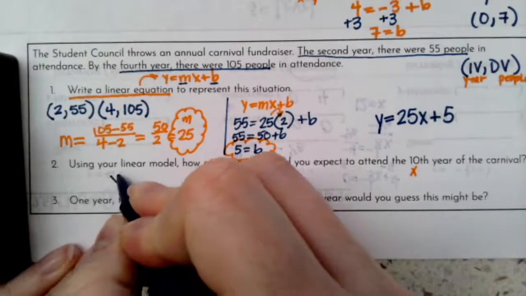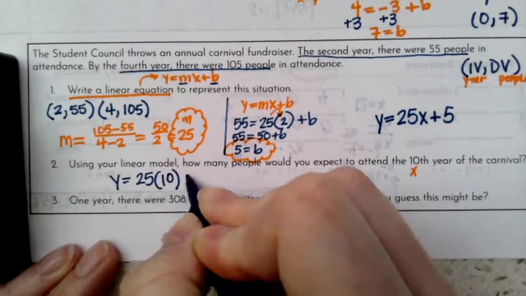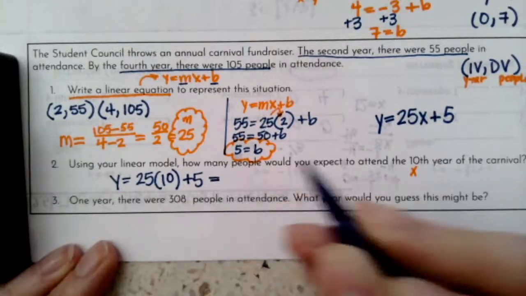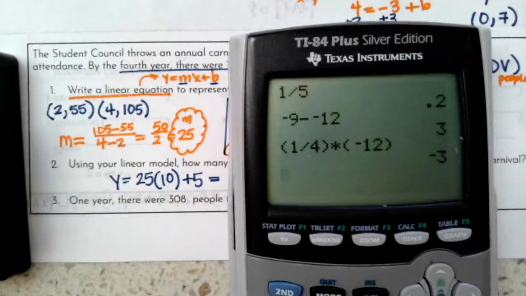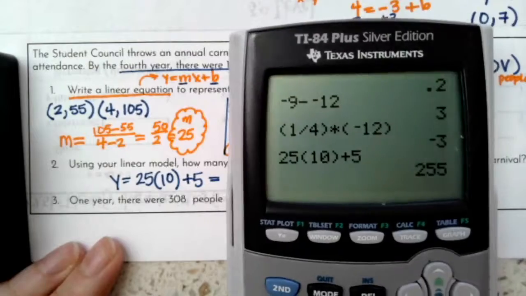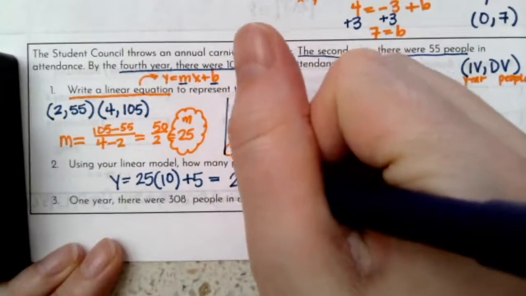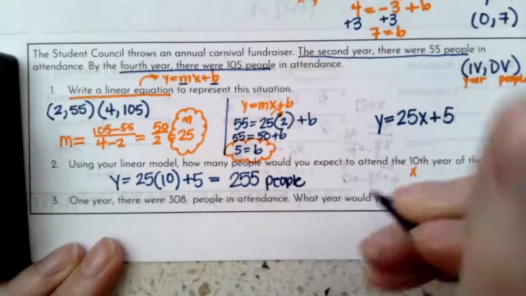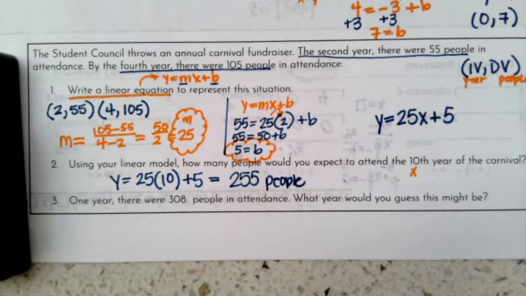I'm going to use my equation and do 25 times 10 plus 5. I can type that all in my calculator to get 255. So using our model, we'd predict that 255 people would attend the 10th year. And make sure you add a unit.